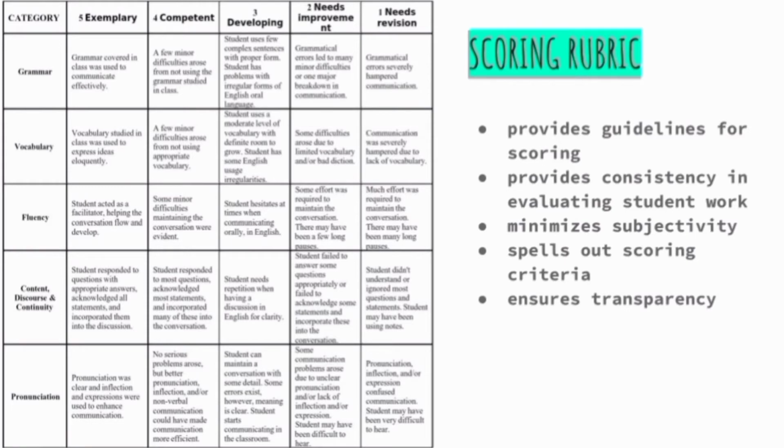Okay, then how many types of scoring rubrics do we have? There are actually several types of them, but I'd like to mention the two most common and prominent ones. The first one is the analytic rubric, and that is the one that breaks down the scoring into several criteria.